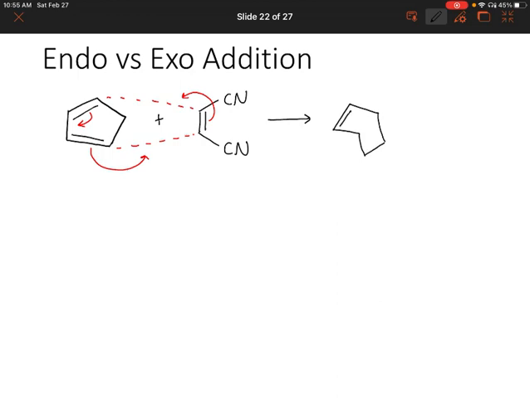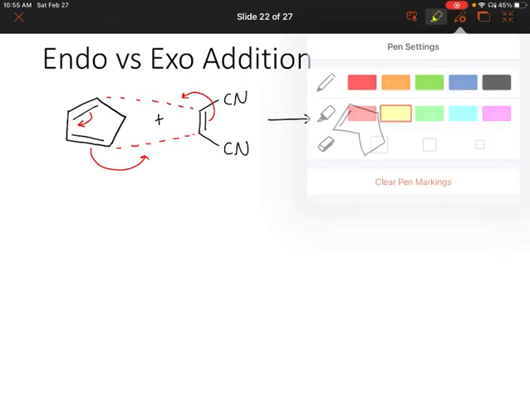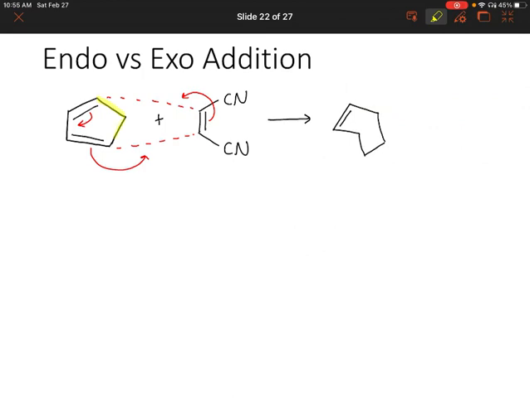So we are going to form that same boat conformation. Now in this one, we do have this kind of triangle or one carbon bridge attached to our diene. That is going to point above the plane.